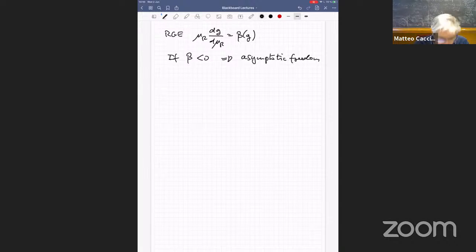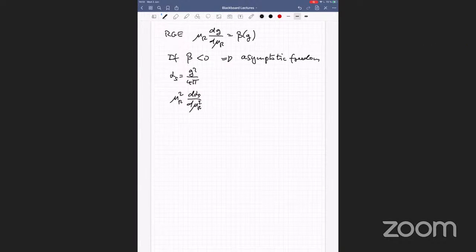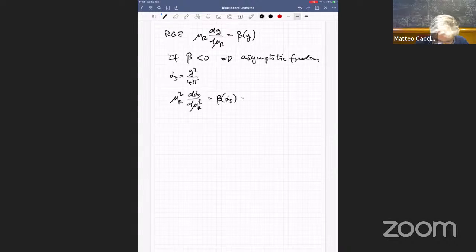This renormalization group equation is usually rewritten more commonly, not so much for the coupling, but for this combination here, alpha_S. And then it becomes something like mu_r^2 d alpha_S / d mu_r^2. Note the square here. This equals the beta function of alpha_S, and it is usually parameterized in the following way. This is the perturbative expansion of the beta function.